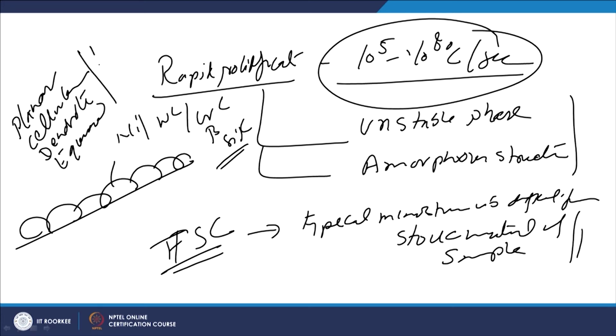So, these are the most commonly observed structures in conventionally solidified material systems like castings or welding, and therefore, the identification and distinction of the various micro constituents in flame spray coatings becomes difficult.